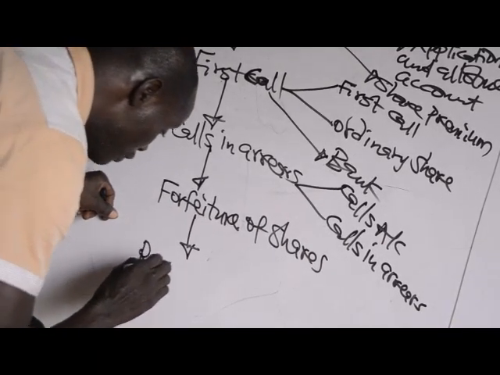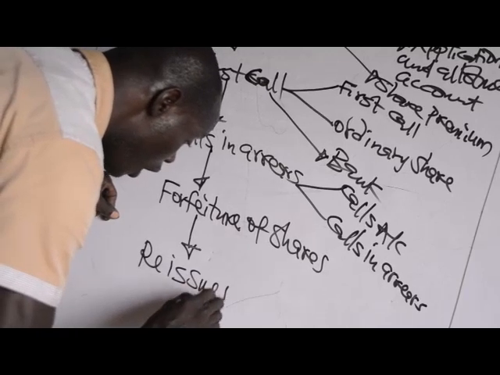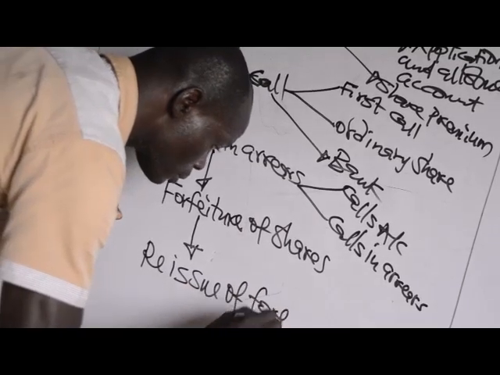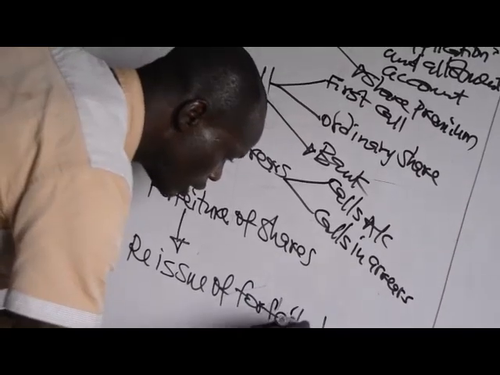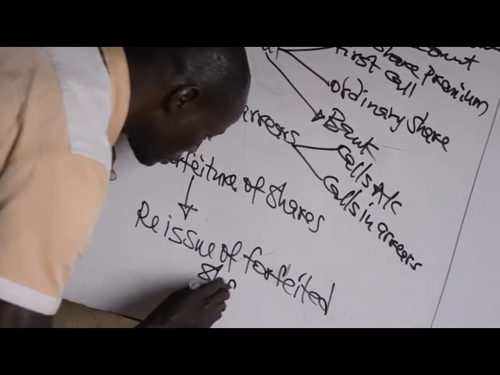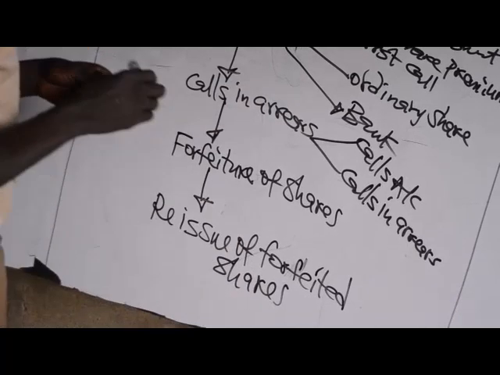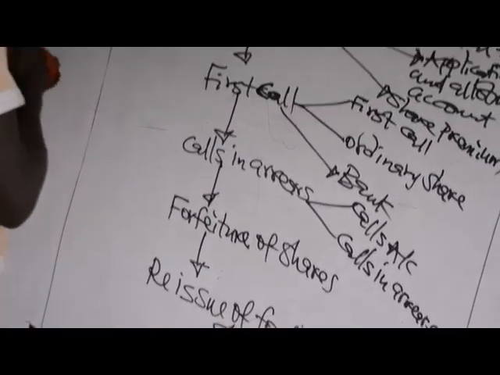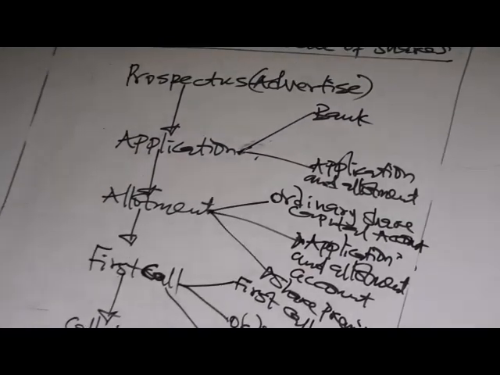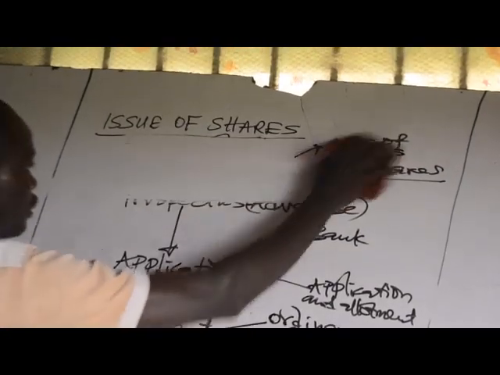So in this case, you have reissue of forfeited shares. These are the procedures for issue of shares.